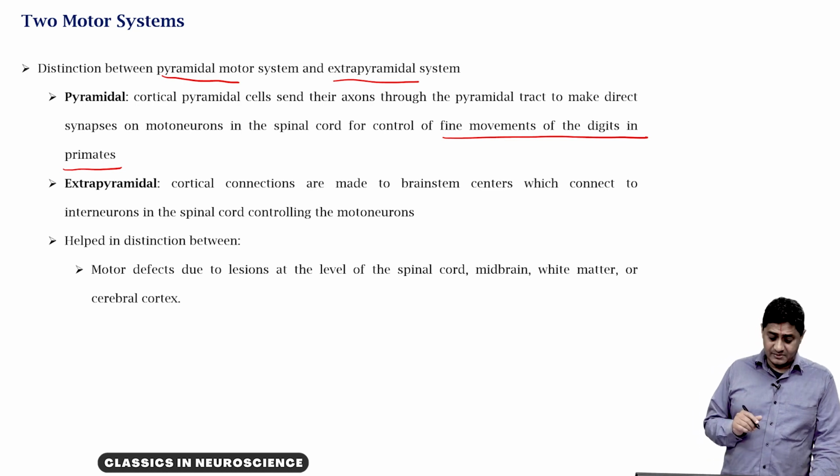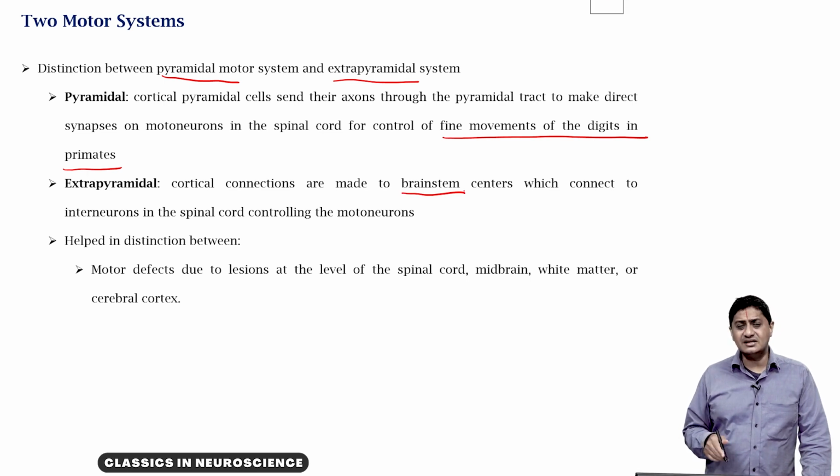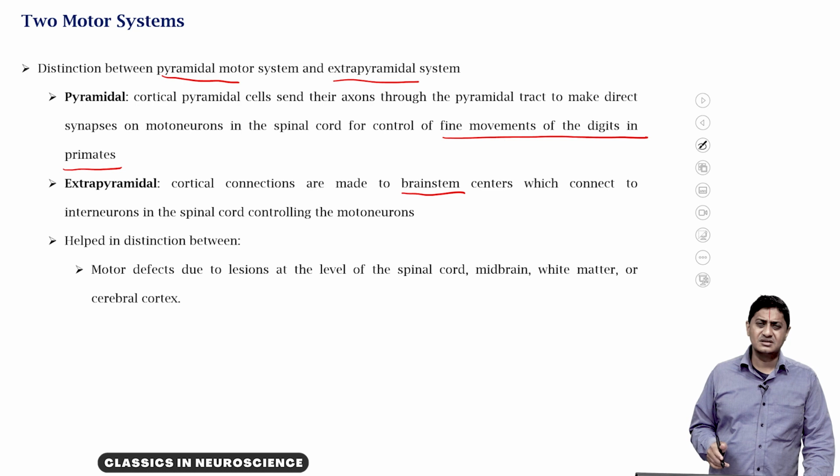Whereas in the extrapyramidal system, the cortical connections are made to the brainstem centers that then connect to interneurons in the spinal cord that control the alpha motor neurons.